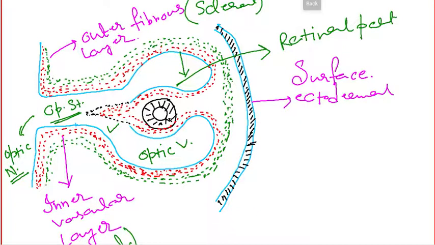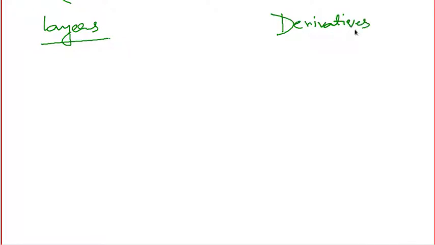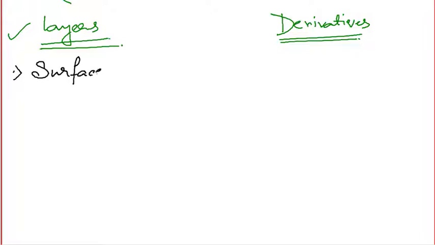Now we'll see one by one which structures give rise to which parts of the eyeball. So now the derivatives of the structures. Here we can mark the layers and their derivatives. It is very important to remember these points for examination. First we'll see about the surface ectoderm.